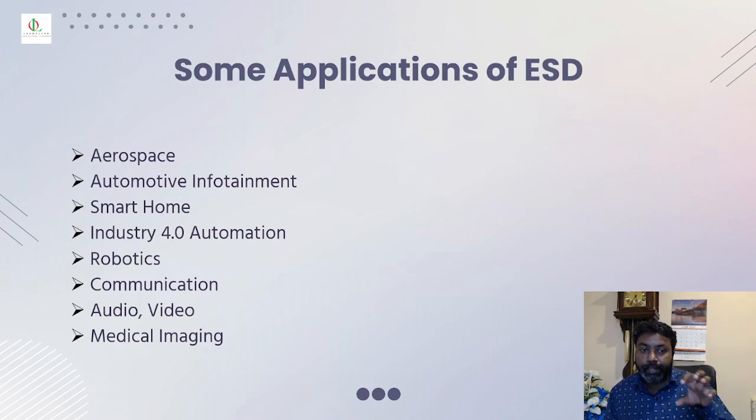But these are the main industries where they do a lot of really good projects and help a lot of people using those developed products in this industry.